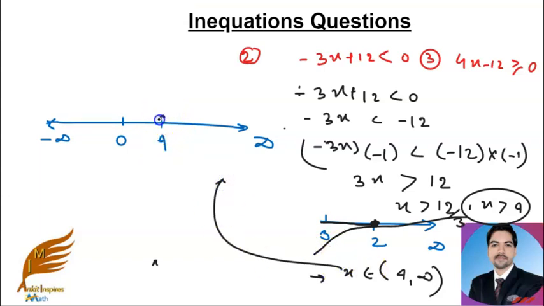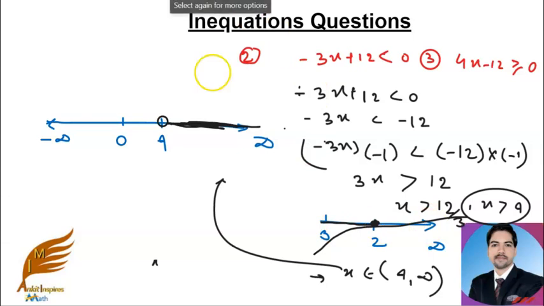Since 4 is not included, I will denote with the open interval, and from that it is this much. Simply draw a line and an open interval here. You can get the solution on the real line. Clear?